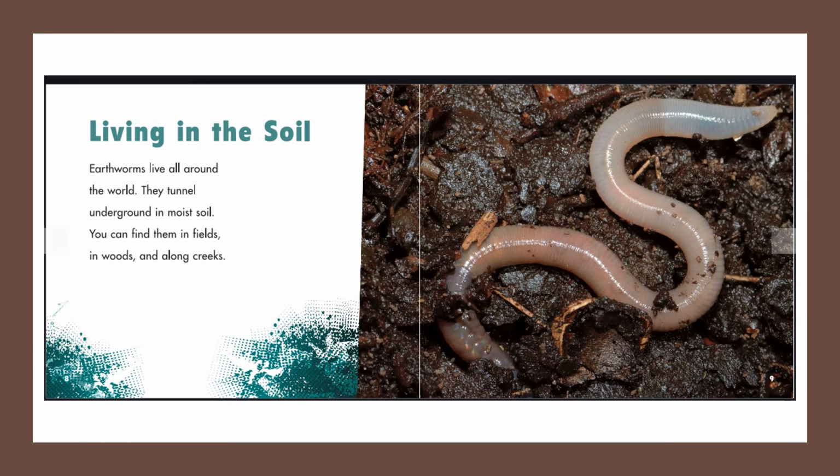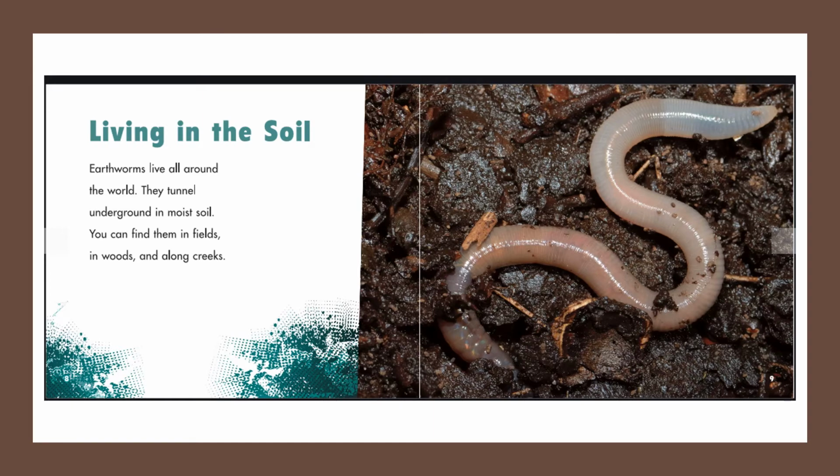Now, let's say that I was doing a report on earthworms. Here is a book from Mayan. I'm reading about earthworms and I have to get the information to make my report. So let's look at what the book says about where an earthworm lives. Okay, let's read it. Living in the soil.